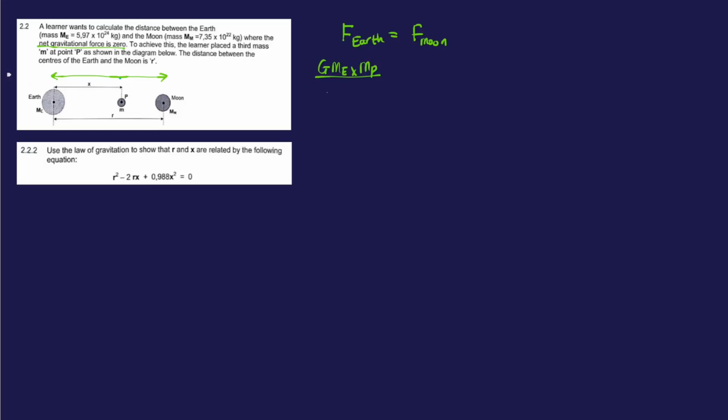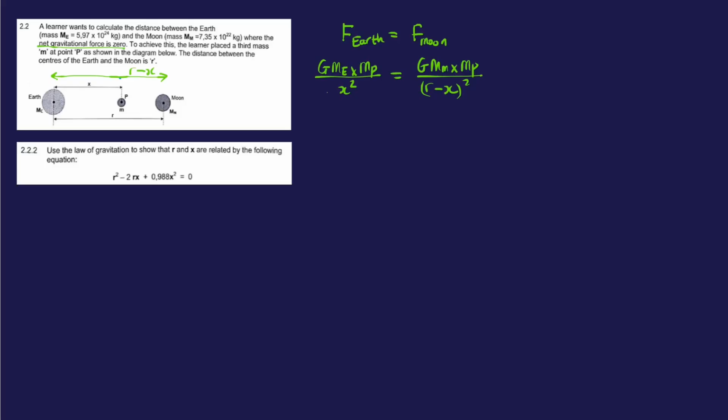The distance between the Earth and P is x, so that's x squared. And that's equal to G, the mass of the Moon, times the mass of P divided by the distance between P and the Moon, which is r minus x.